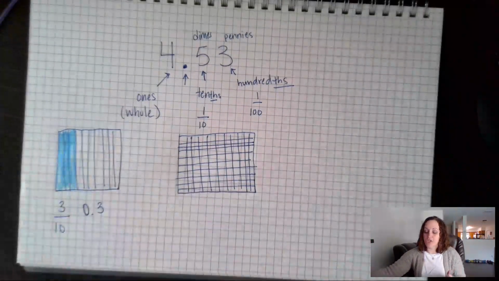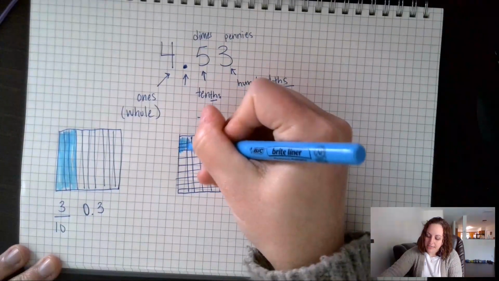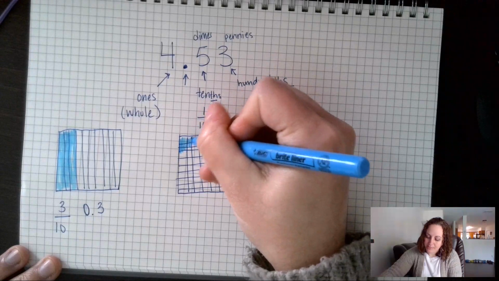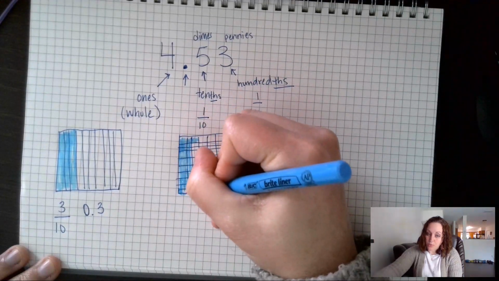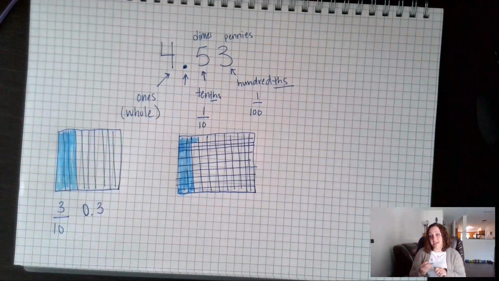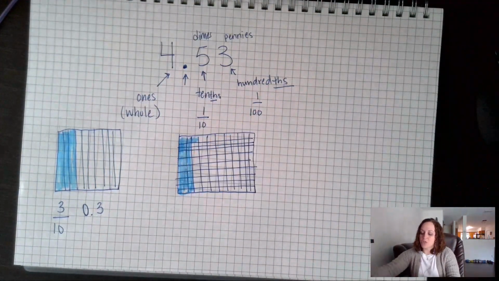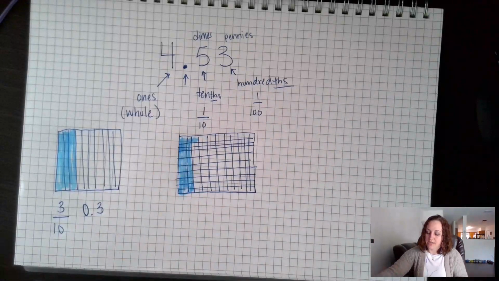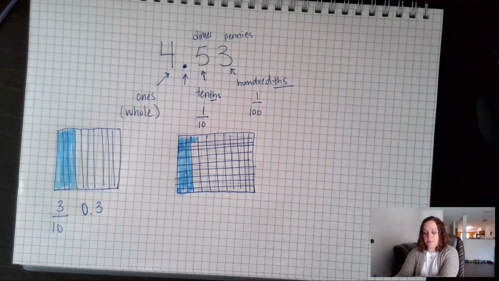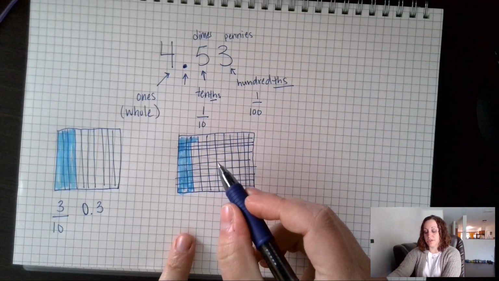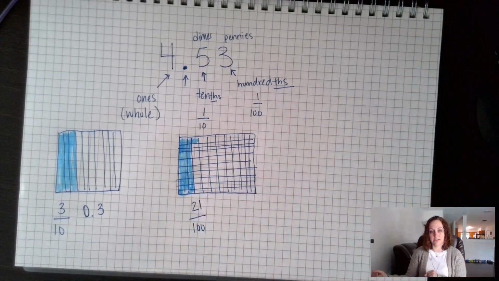And again, we shade in a certain amount of them. Let's say I shaded in this much. Well, I know each row going down is 10, so I don't have to count 1, 2, 3, 4, 5, 6. I know each row going down is 10. So I have 10, 20, 21. And how many squares are there total? 100. So there's 21 hundredths.